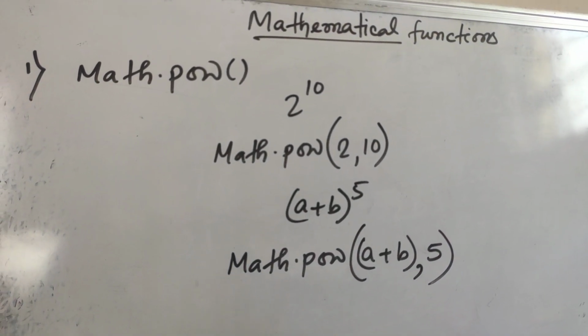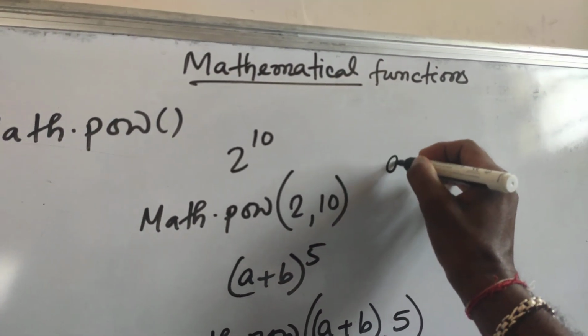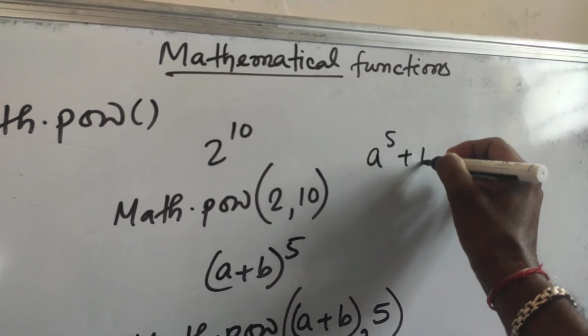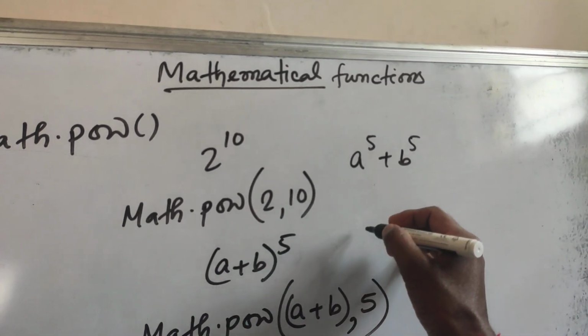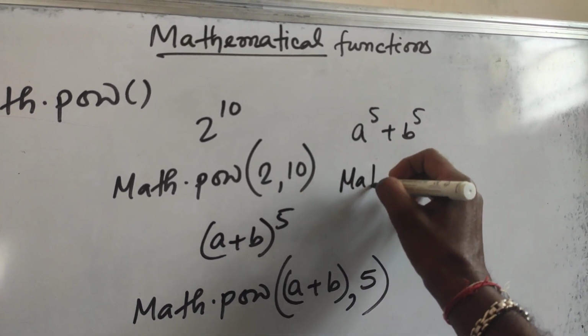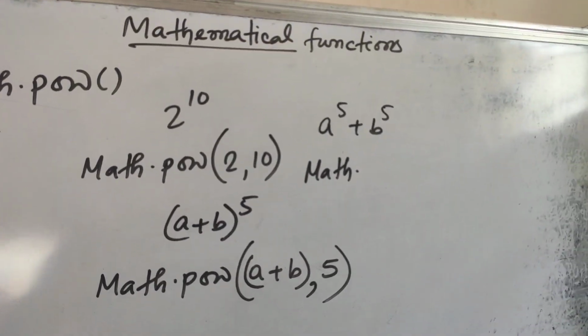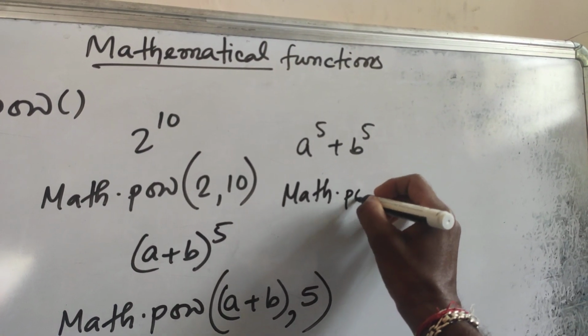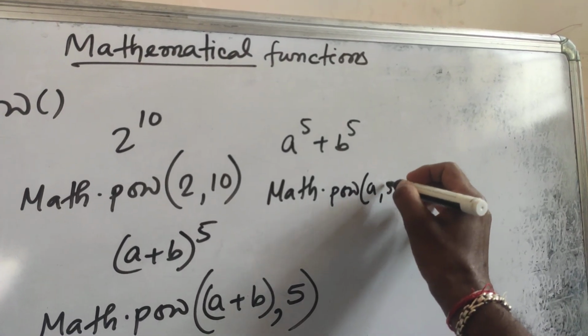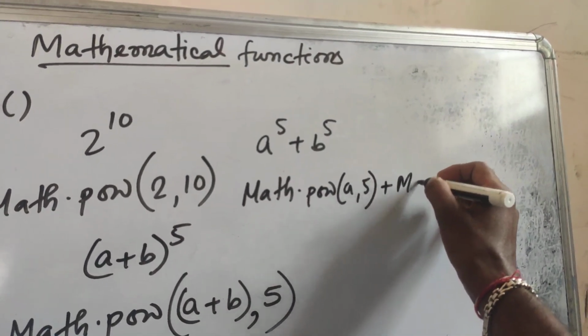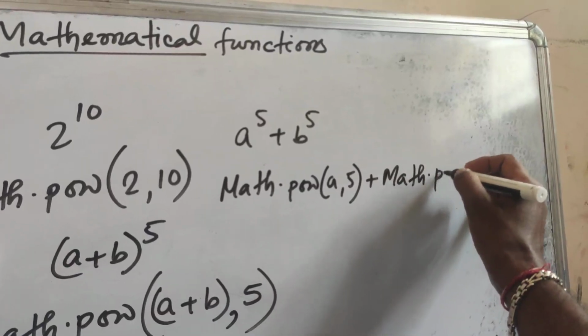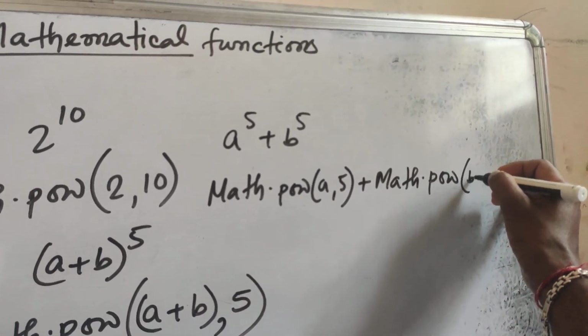Power, okay, for power. Like a to the power 5 plus b to the power 5, if you want to write it, then separately, just for a to the power 5 you need to write math.pow a comma 5, plus math.pow b comma 5.